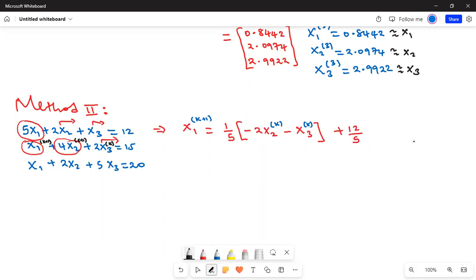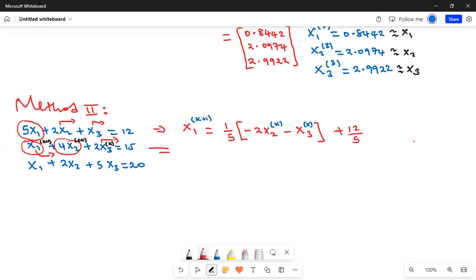So what we'll have is this: I'll make x2 the subject, yes, but the x1 that will be on the right hand side will be at level k plus 1. So even if you take this to the right hand side, only the level will change.